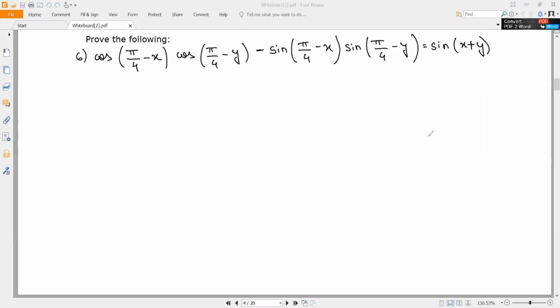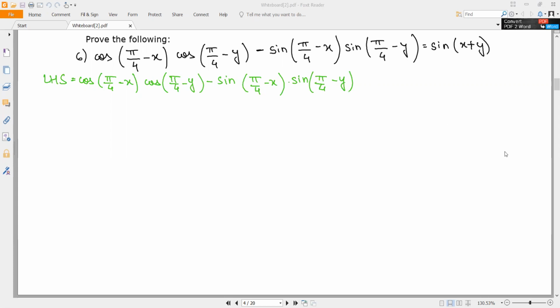That's the plan. So your LHS is equal to cos of pi by 4 minus x into cos of pi by 4 minus y minus sine of pi by 4 minus x into sine of pi by 4 minus y.